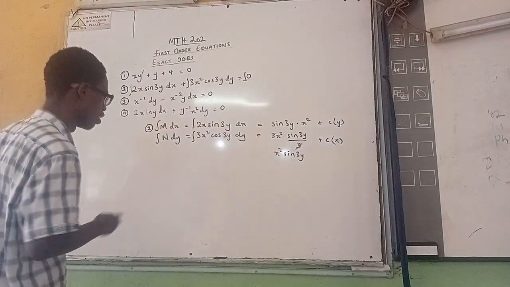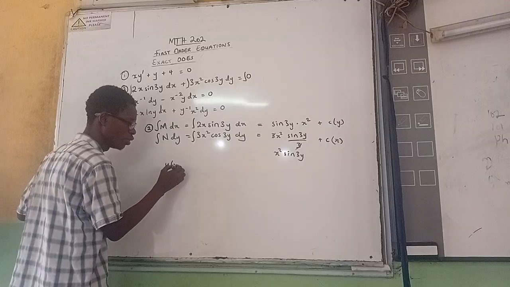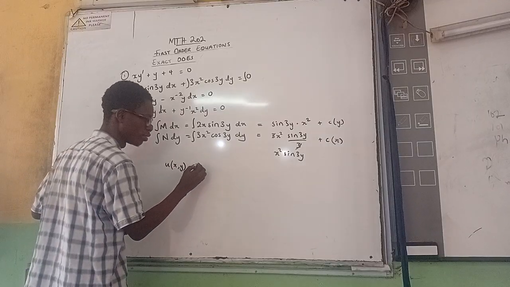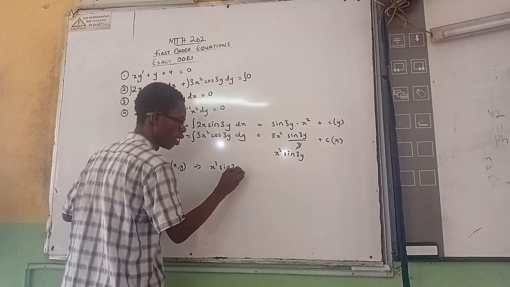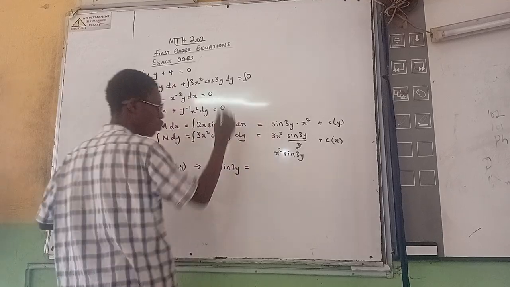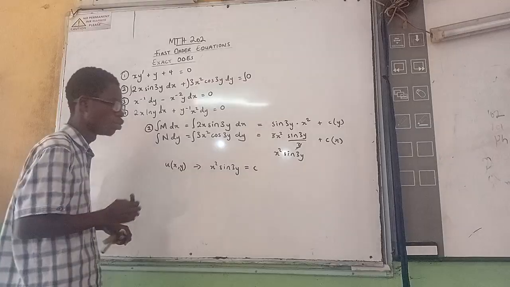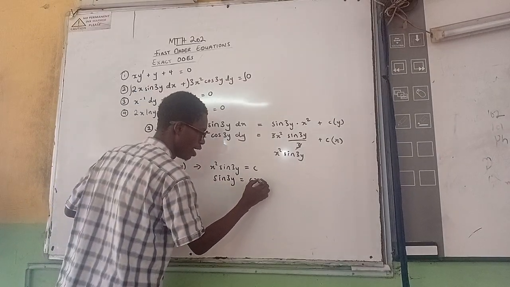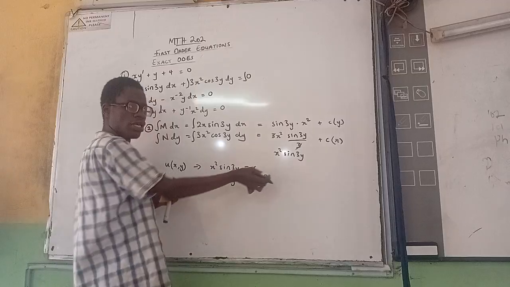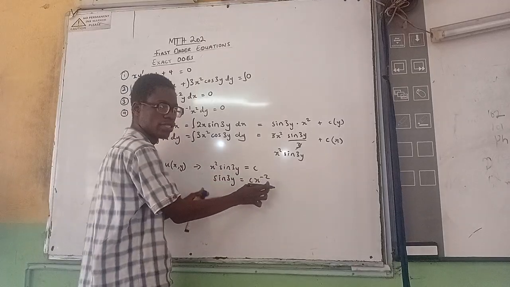So our answer, which is a function of x and y, is what? x squared sine 3y equals the integral of 0, which is a constant. Which means sine 3y equals cx minus 2. I'm bringing x squared to the other side, so sine 3y equals cx minus 2.